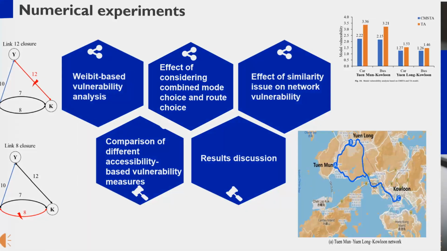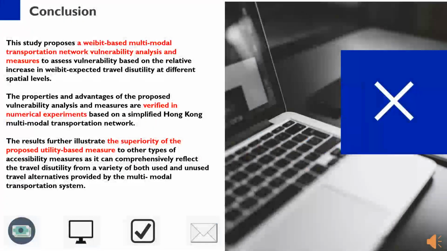This study proposes a weibit-based multimodal transportation network vulnerability analysis and measures to assess vulnerability based on the relative increase in weibit-expected travel disutility at different spatial levels. The weibit-based vulnerability measures are inherently suitable for the assessment of the relative degradation in network performance, which cannot always be fully captured by the traditional logit-based measures.